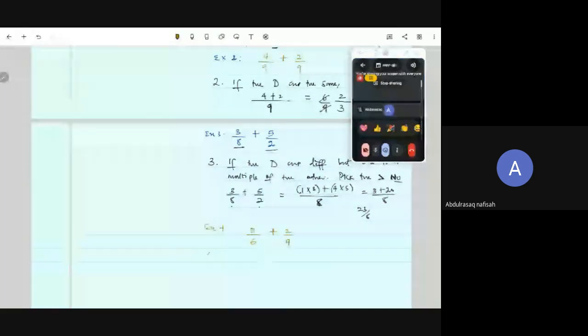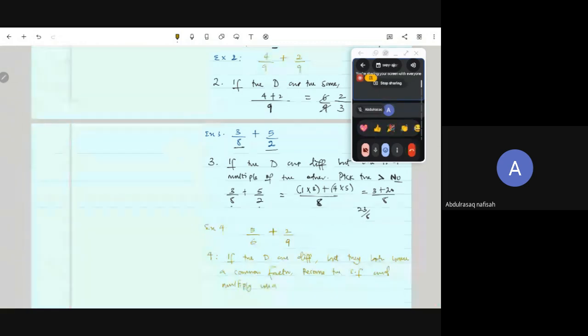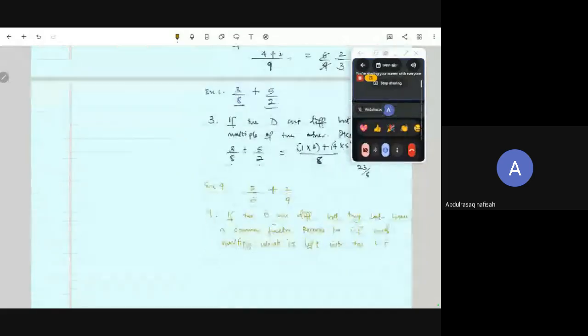So this rule number 4 is: if the numbers are different, but they both have a common factor, remove the common factor and multiply what is left with the common factor.